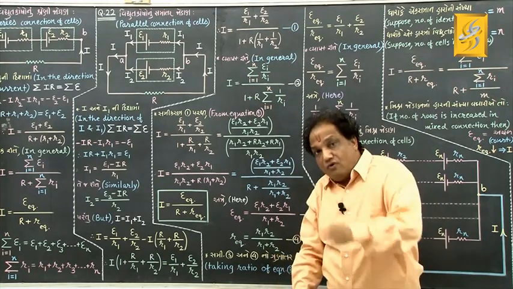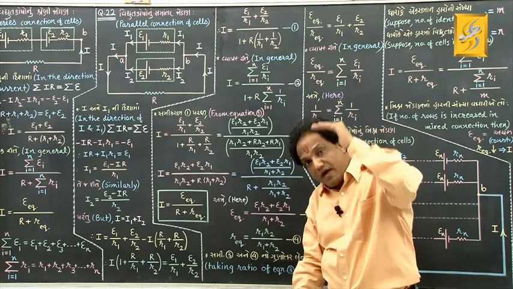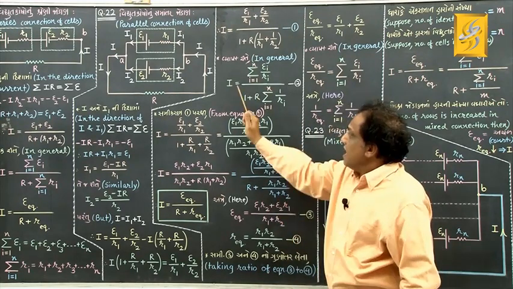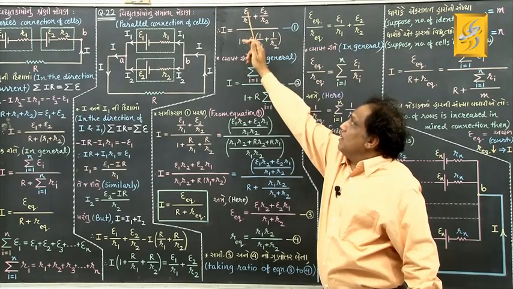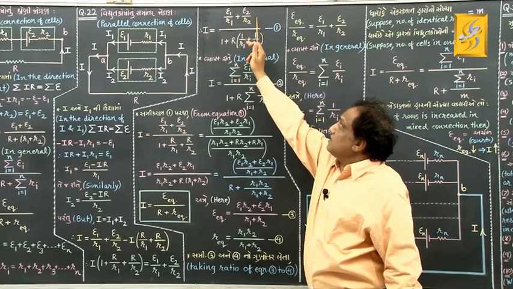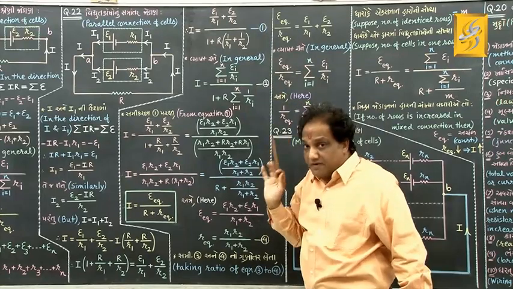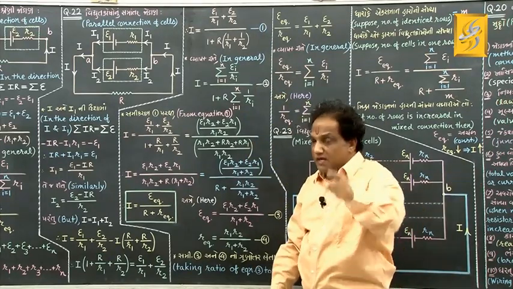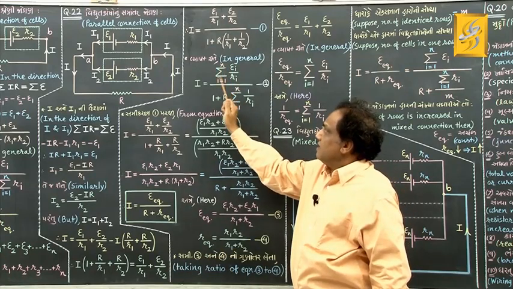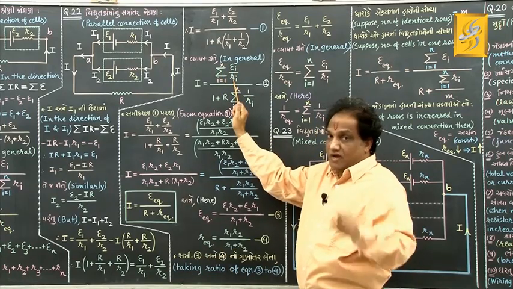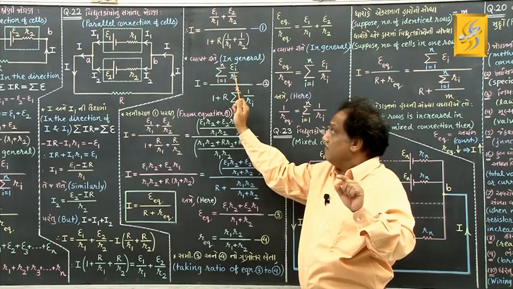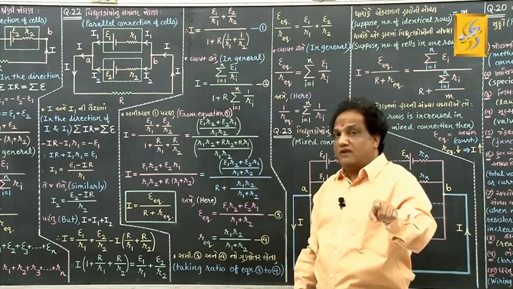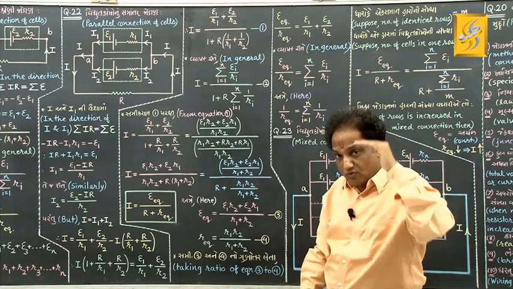In general, for n number of cells connected in parallel, how would you write this formula in a generalized manner? I equals E1 upon r1 plus E2 upon r2 plus and so on plus En upon rn. And that entire summation in the numerator, you can write with a single term this way, sigma Ei upon ri, where i you must write well below E and r, small n above, and that indicates the order of the cell which you must change from first to last.